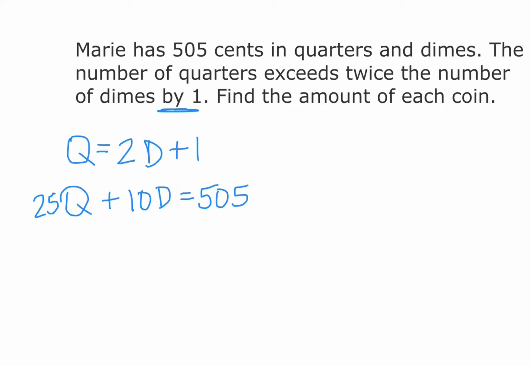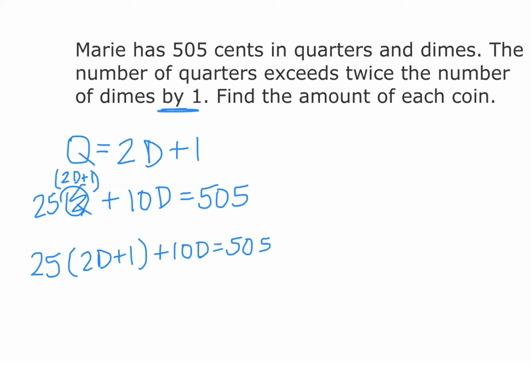So now that we have that, we get to substitute. Here, I'm going to substitute with 2D plus 1 because that's what Q is equal to. So I rewrite this as 25 times 2D plus 1 plus 10D equals 505.